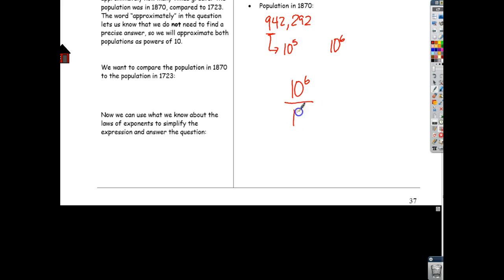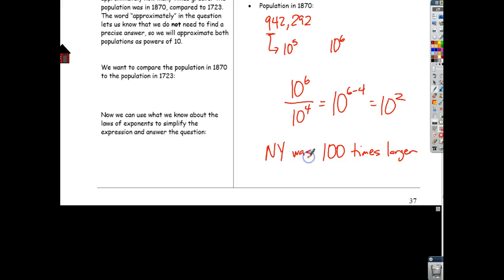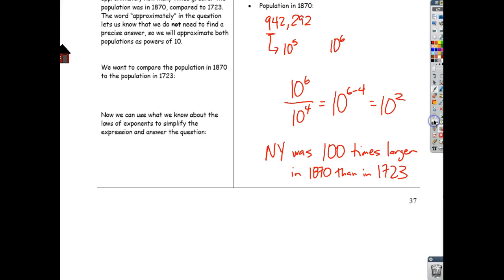We said how many times bigger was it, and we decided that this is the same as 10 to the 6th minus 4, so that's 10 squared, so it's 100 times larger. New York was 100 times larger in 1870 than in 1723. Excellent. Moving right along.